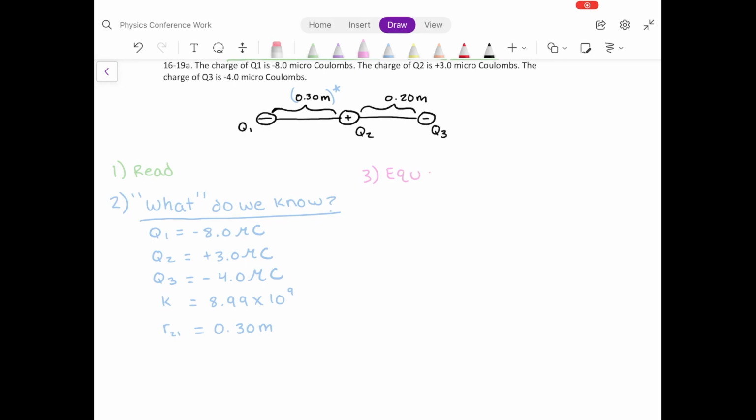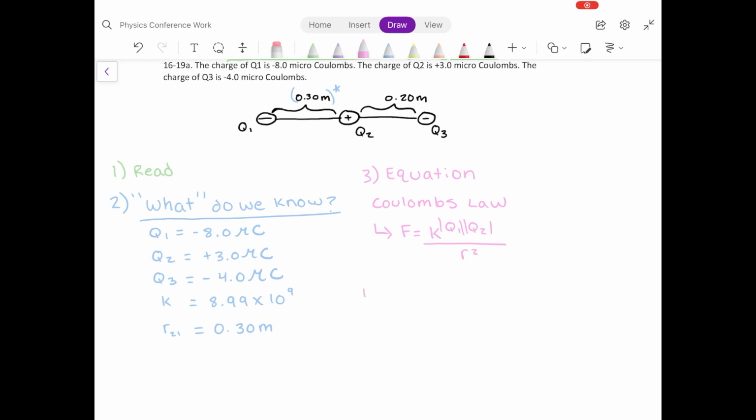So now our third step is to choose the right equation. For this, we can use Coulomb's law, which basically states that the force is equal to the K constant times the absolute value of Q1 times the absolute value of Q2 over R squared.